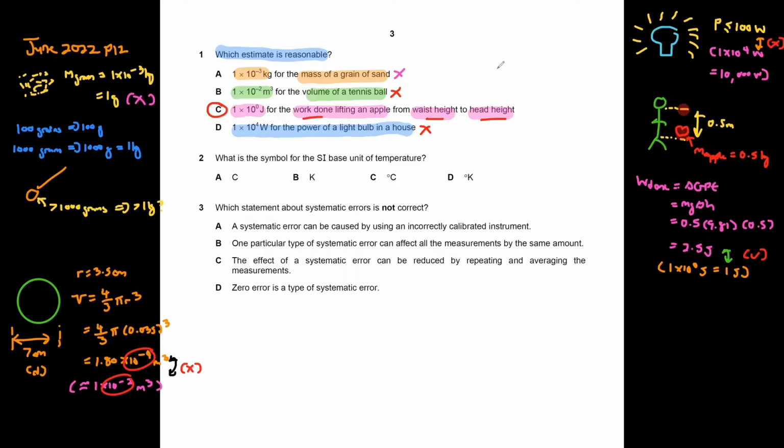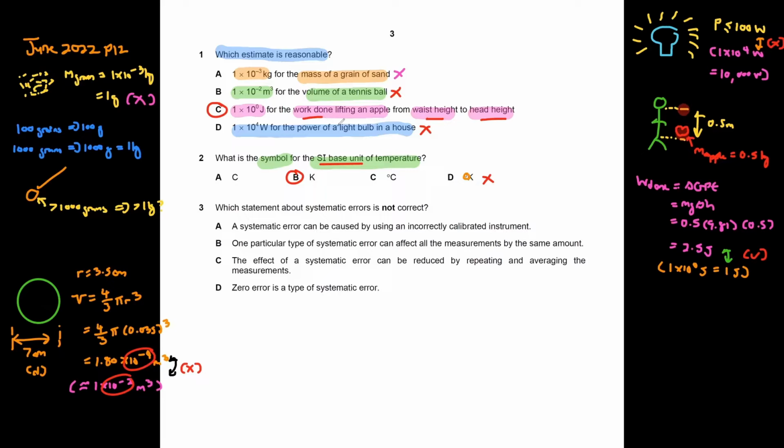All right. Now in question 2, what is the symbol for the SI base unit of temperature? They want the SI base unit, okay? So from what you've learned from chapter 1, you could easily answer this as B, Kelvin. Now answer D is wrong because it has the symbol of degree here.